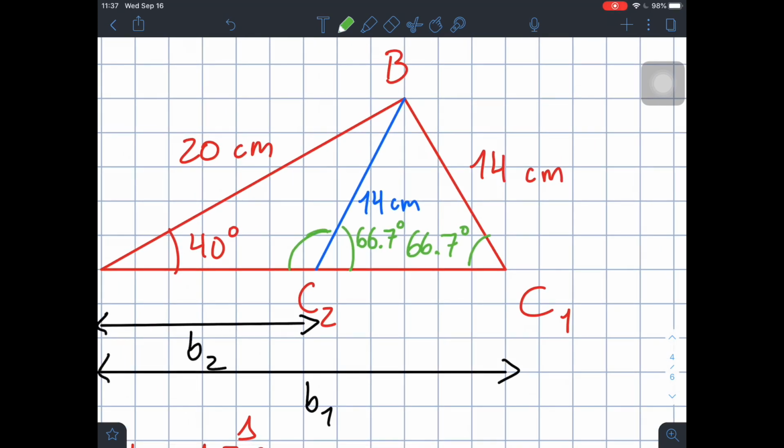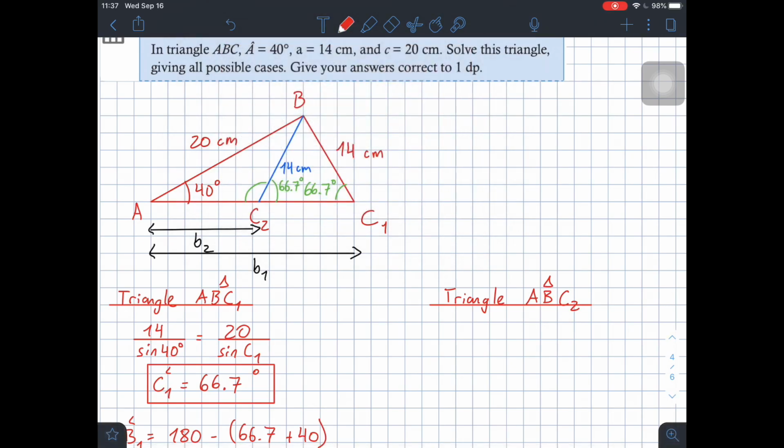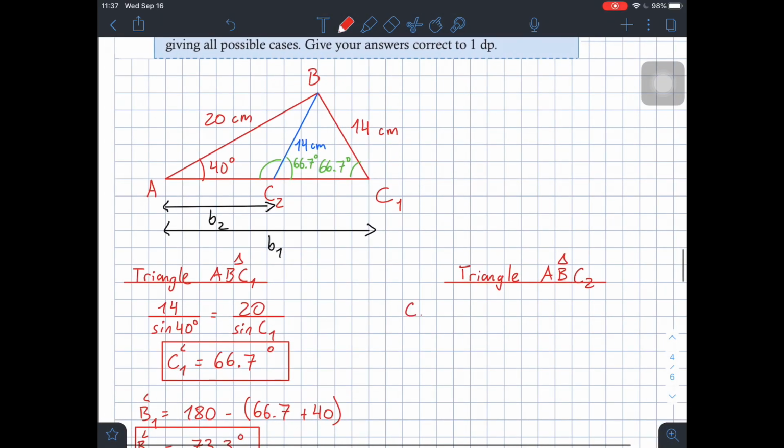So for that reason, this angle over here must be 180 minus this, which is a supplementary angle, right? If we do that, then we're going to get angle C2. So we're going to say that angle C2 is equal to 180 minus 66.7 degrees. So we're going to get that C2 is equal to 113.3 degrees if we round this to three significant figures.